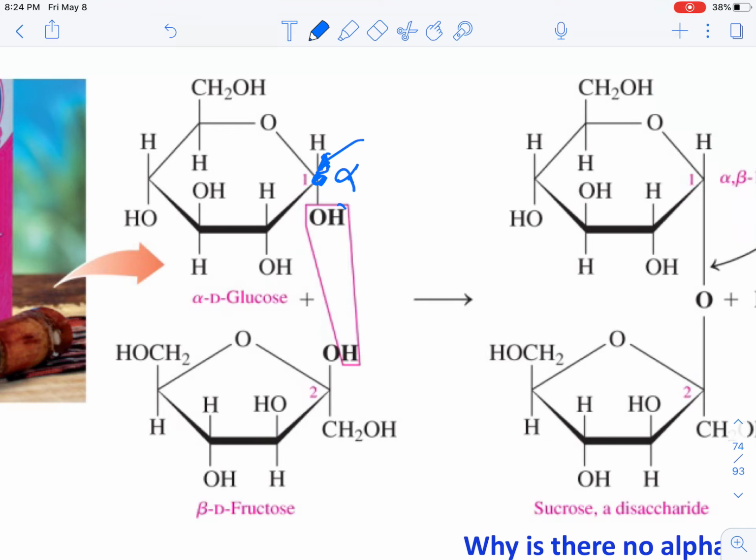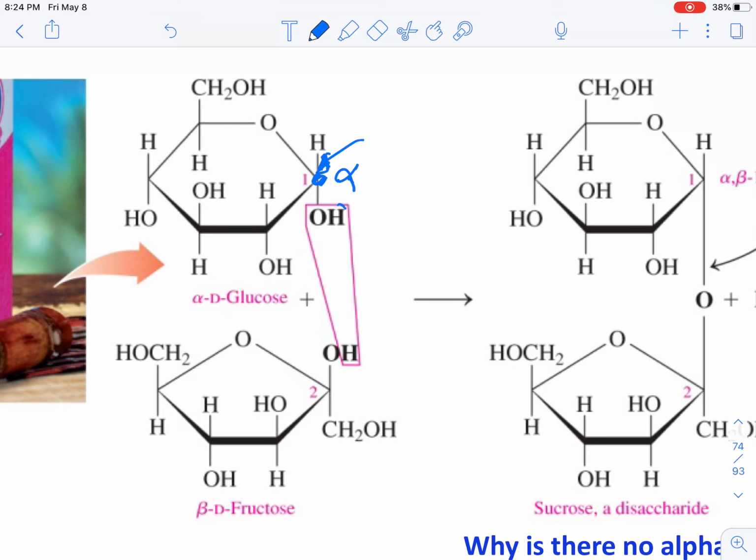Now for the fructose, notice how the OH is popping up. And so since in fructose the hydroxyl group is above the plane of the cyclic ring, then we're going to have to say that it is beta. And so since it is on carbon number 2, we're going to have to say beta 2.